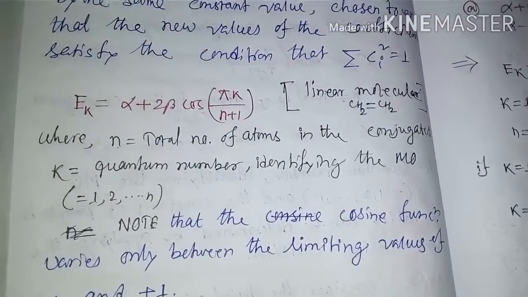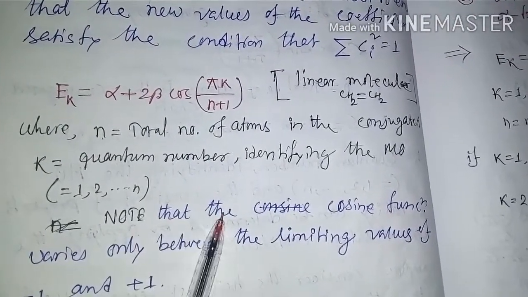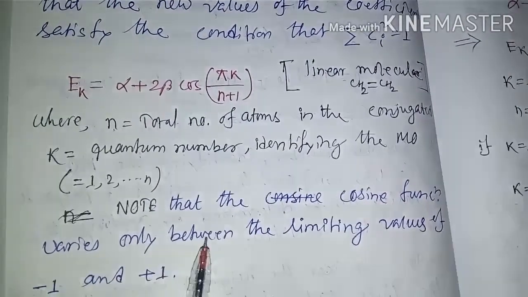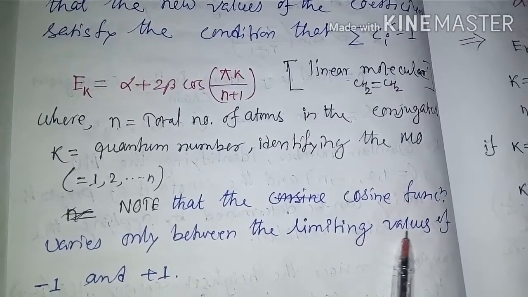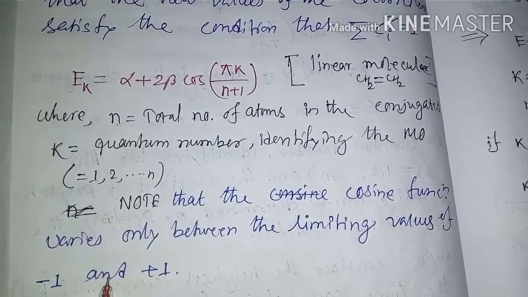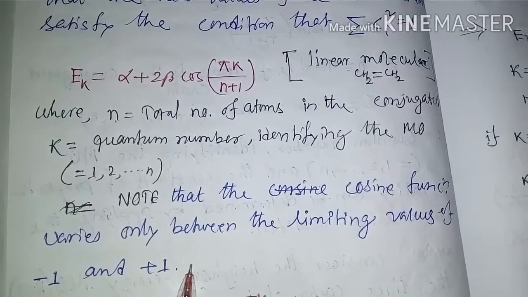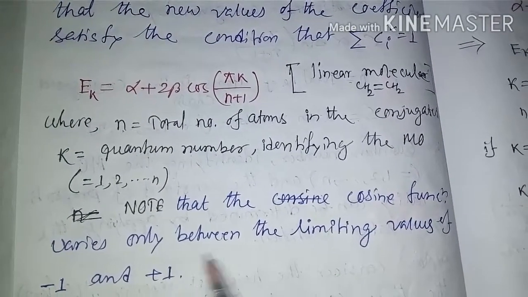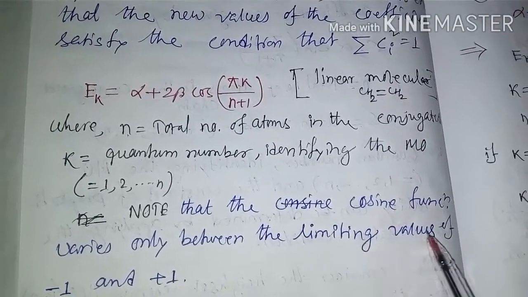Understood? Now note that the cosine function varies only between the limiting values of -1 and +1. That means cos values vary between these limiting values of -1 and +1.